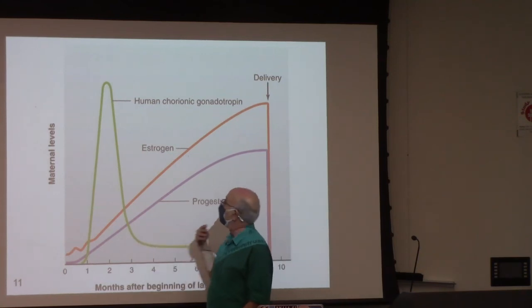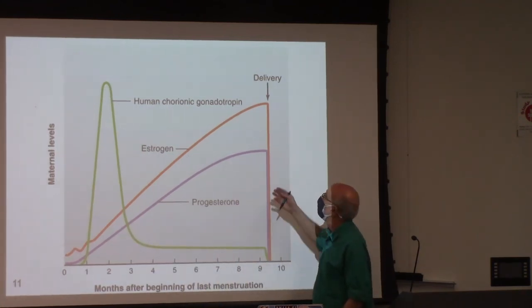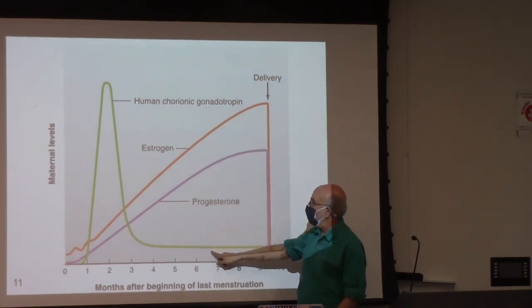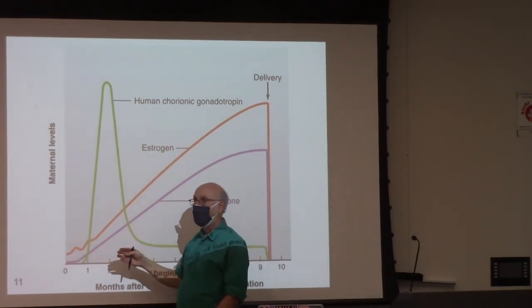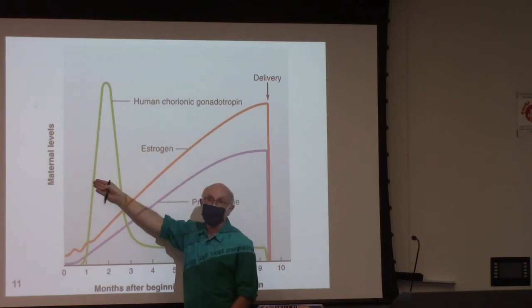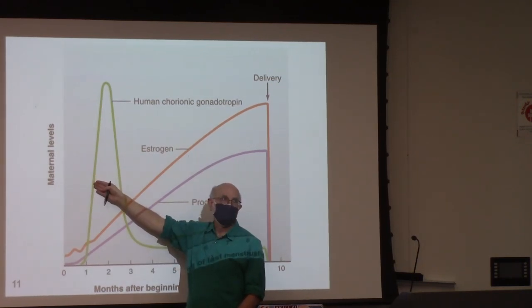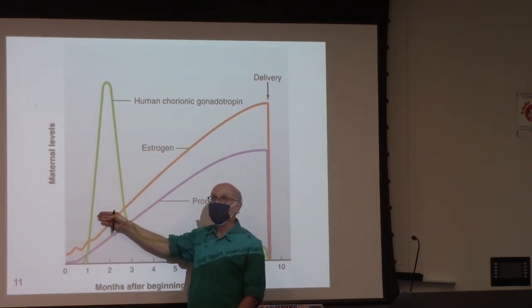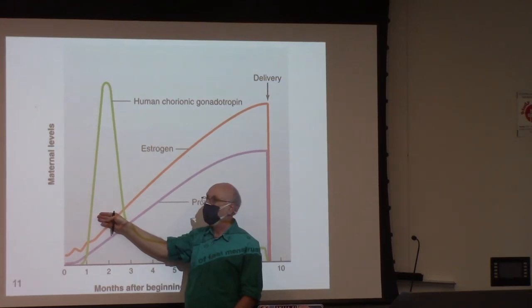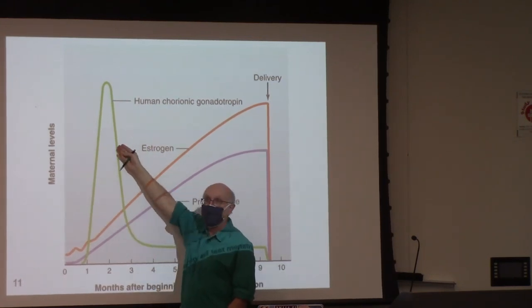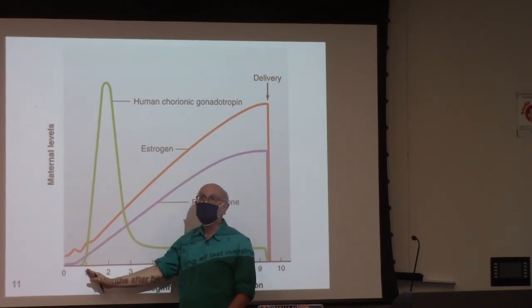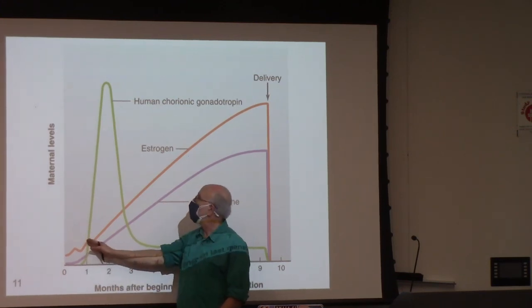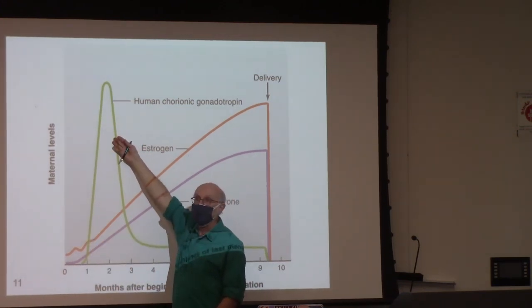So, here's endocrinology now. Estrogen, progesterone, and chorionic gonadotropin in green. So, what triggered this? Implantation. Implantation triggers the uterine endometrium to release chorionic gonadotropin. So this event is implantation, not fertilization. Implantation, a spike of chorionic gonadotropin.